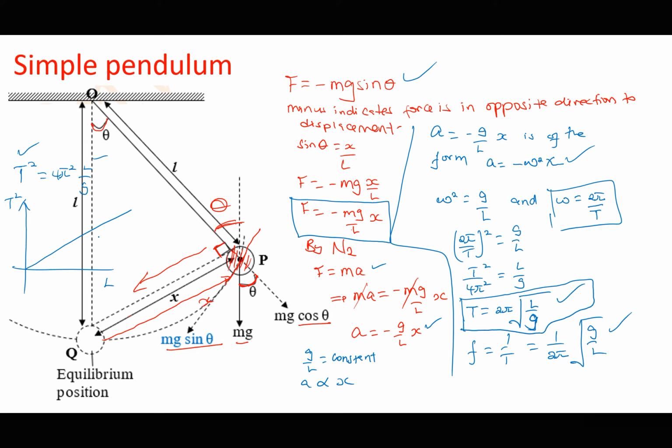And of course, the gradient of this straight line is going to be 4 pi squared over g. The gradient or the slope of this graph is equal to 4 pi squared over g. So we can find g from the slope for a simple pendulum.